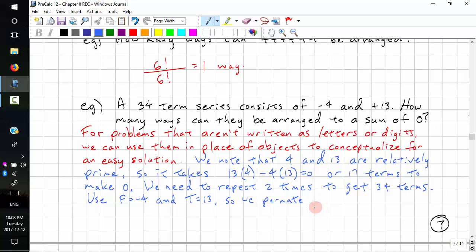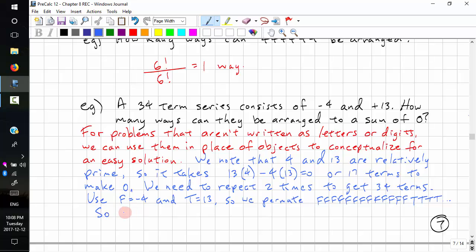We don't have room to write all of this, but I'll show you the idea. 1, 2, 3, 4, 5, 6, 7, 8, 9, 10, 11, 12, 13. So we have 13 fours and 4 thirteens. And dot, dot, dot, we repeat.